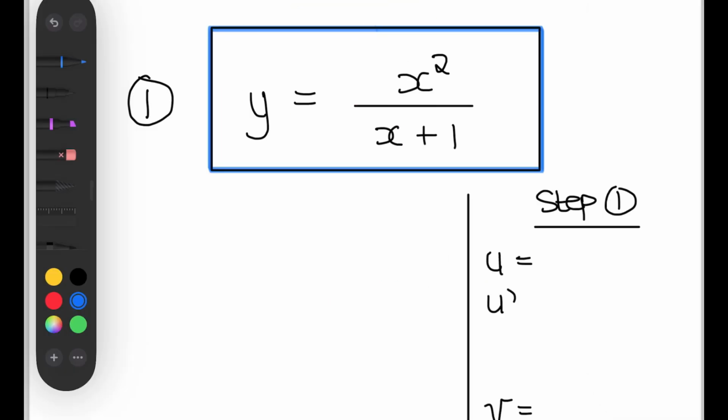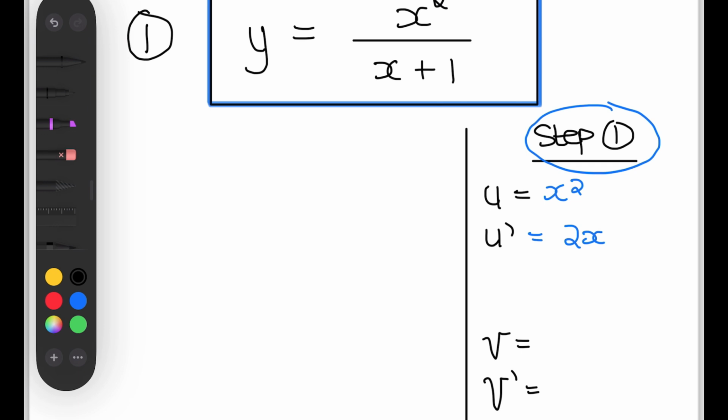Here's our first example. y is equal to x squared divided by x plus 1. So step 1, we need to identify our u and our v. In this case, we're going to set our u to be the numerator, x squared, and when we differentiate that, we're going to get 2x.